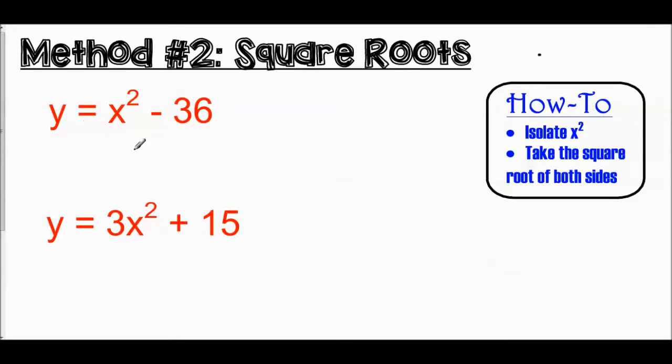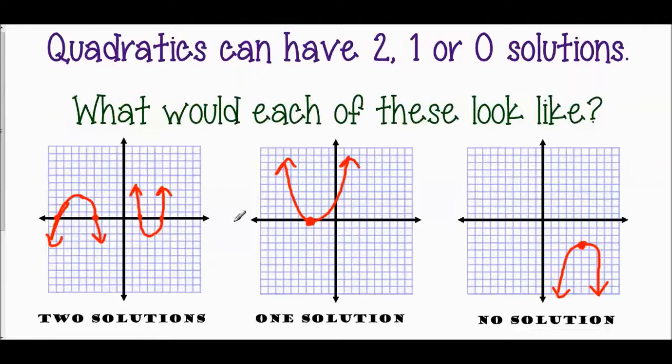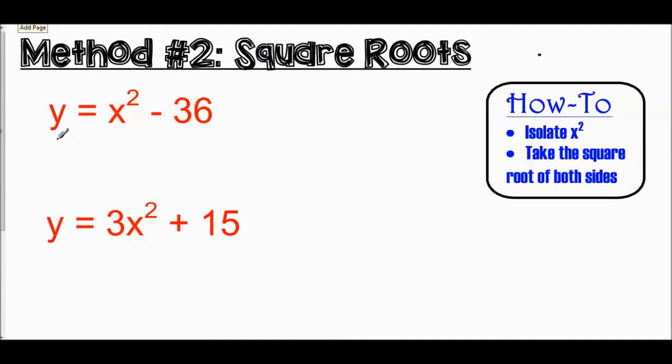In order to do that, think of this y as the 0. And that makes sense because if we look back at our graphs, the solutions are where it crosses the x-axis, and that is where y is equal to 0. So think of that as 0 equals x squared minus 36.